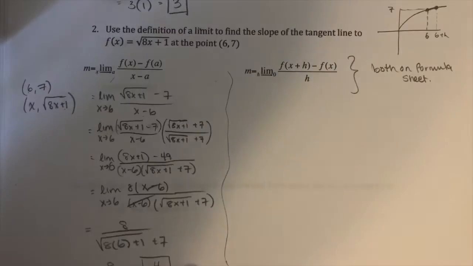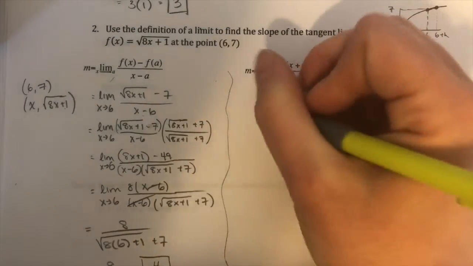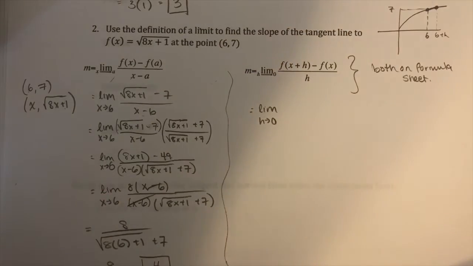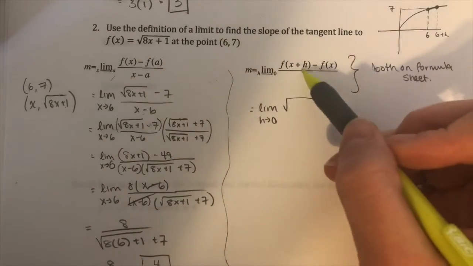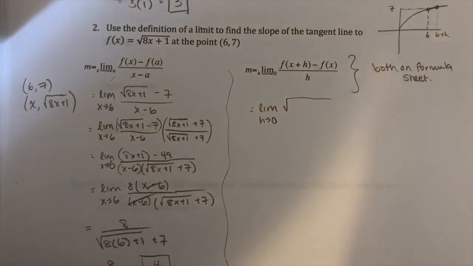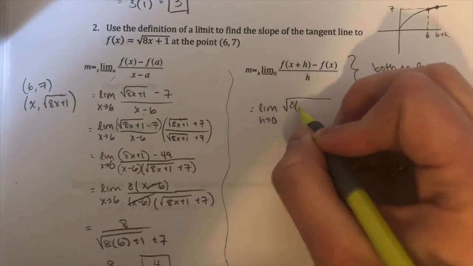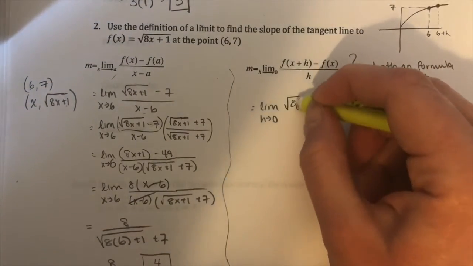And then we can do the different way, but we should get the same answer. So this is the limit as h approaches 0 of, and remember this time we're plugging x plus h into the equation, where x is 6.